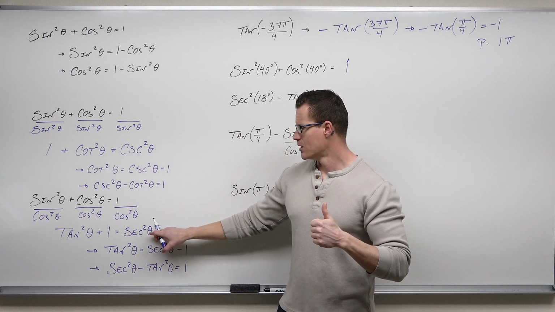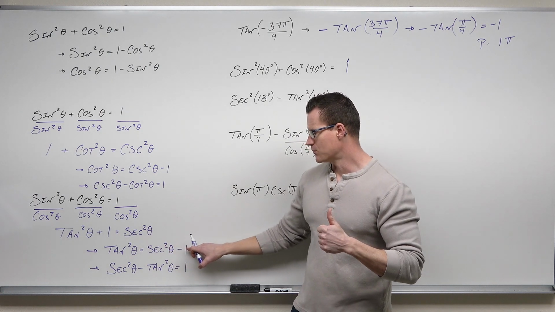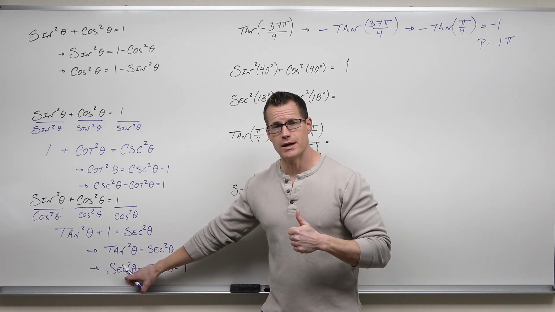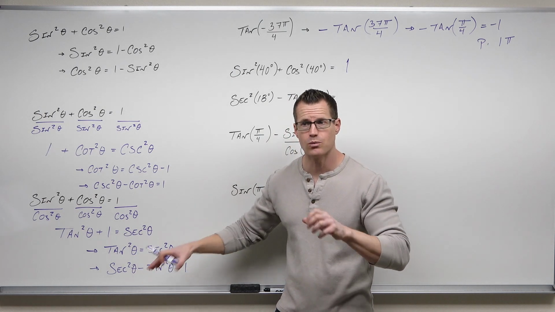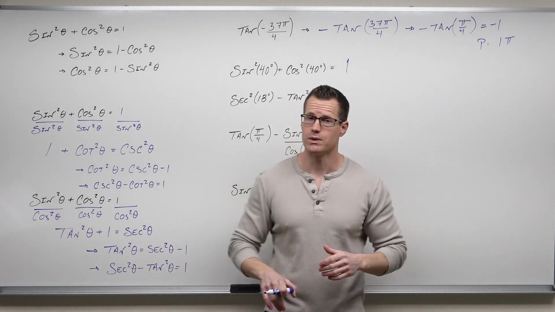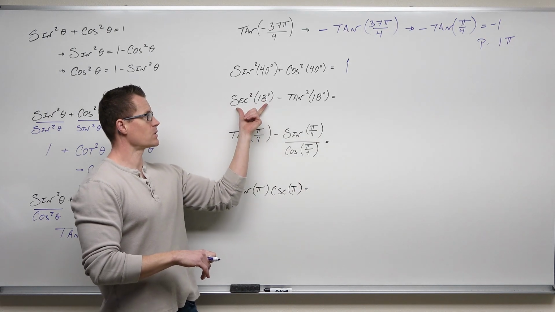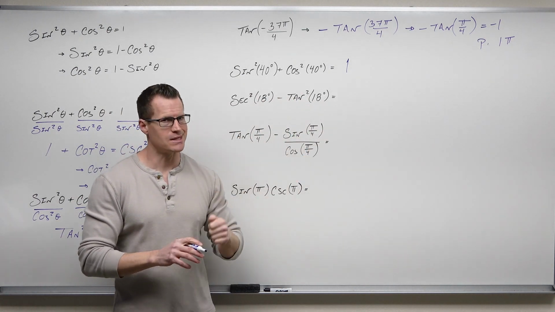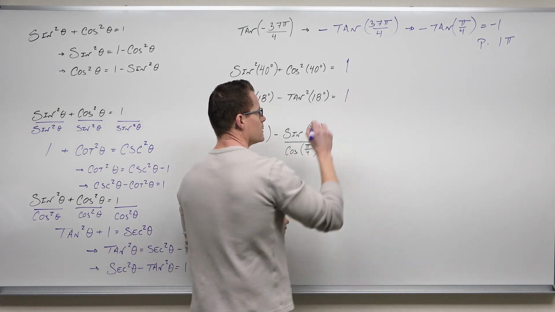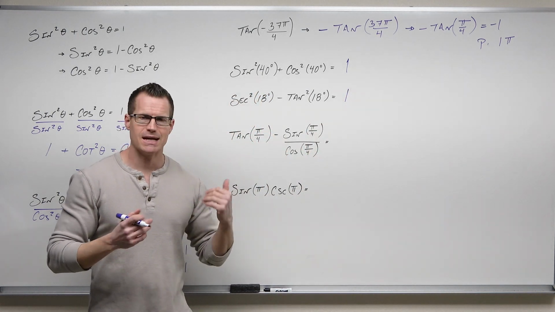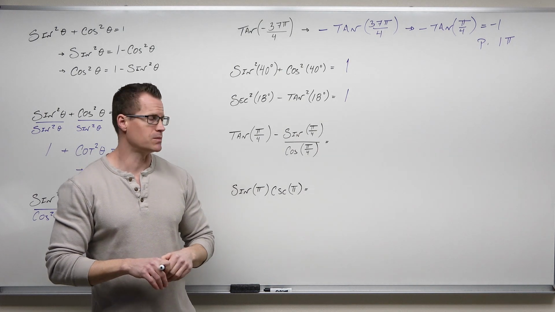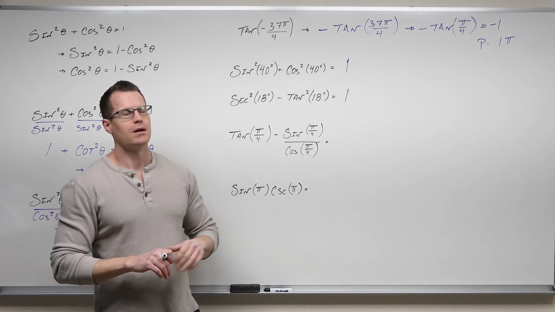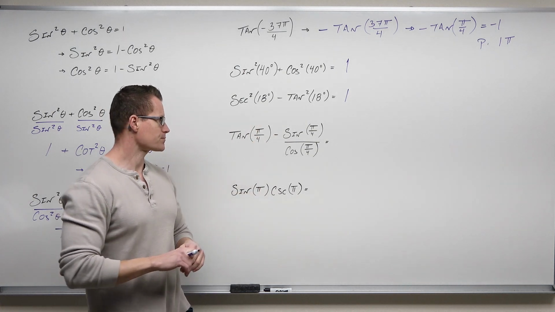You could do that, but because I wrote down these corollaries, I know that secant squared theta minus tangent squared theta, where your angle's the same, will also equal 1. Does it matter that that's 18 degrees? It could be 18, could be 19 degrees, could be pi over 4, whatever. This is always going to hold true.